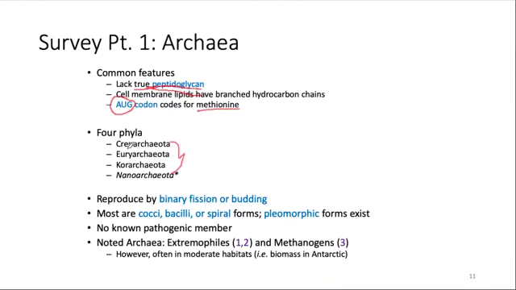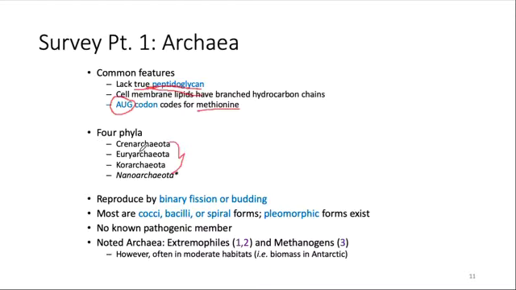And so remember there is a broader group, the domain. So you have archaea, you have bacteria, you have eukarya, and next to the domains you have the phyla, and then from the phyla you have the class, the order, the family, the genus, and the species.